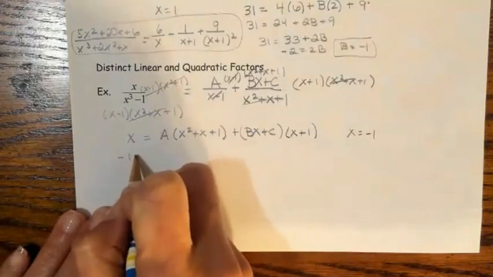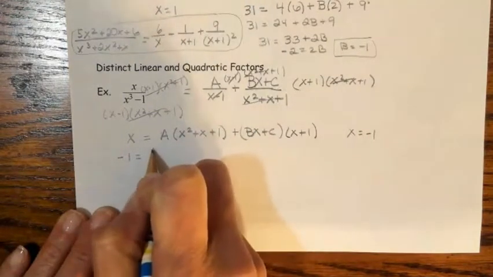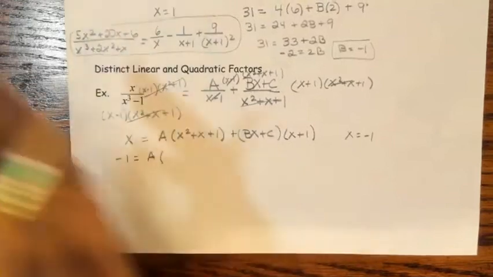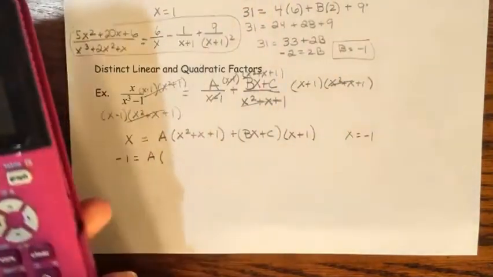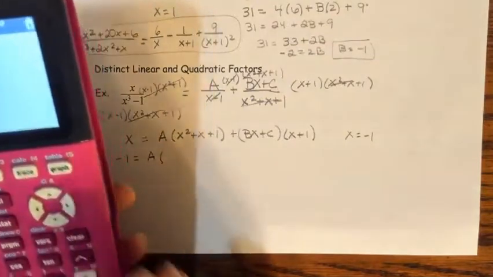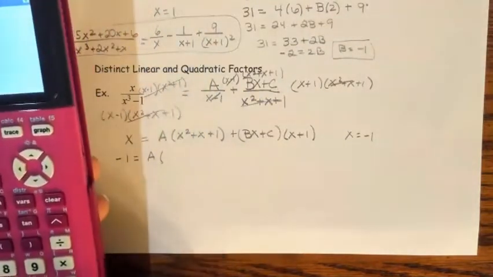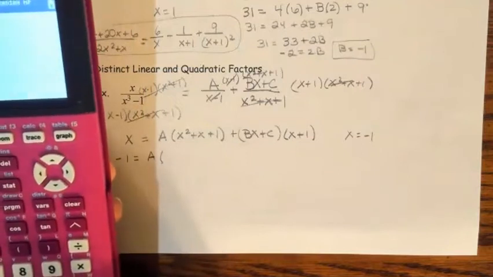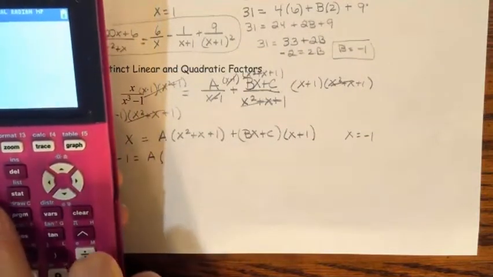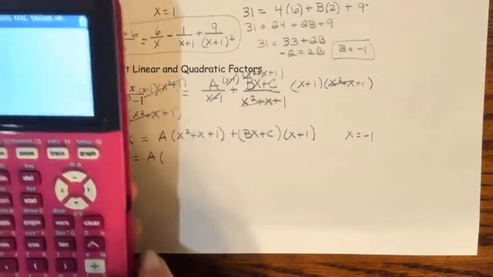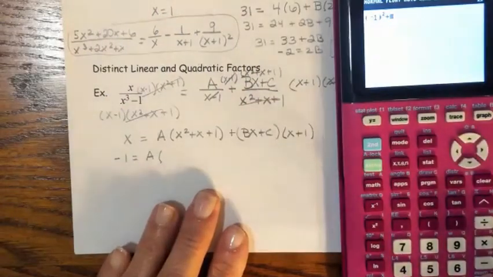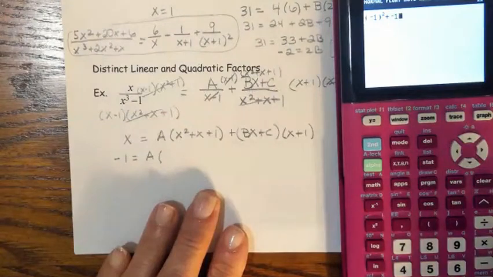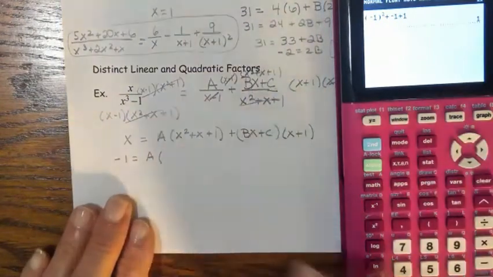So -1 equals, if I plug that into my calculator, make sure you put that -1 in parentheses, squared. Oops, I should put it over here. Plus a times -1 plus 1. So that's 1 times a.